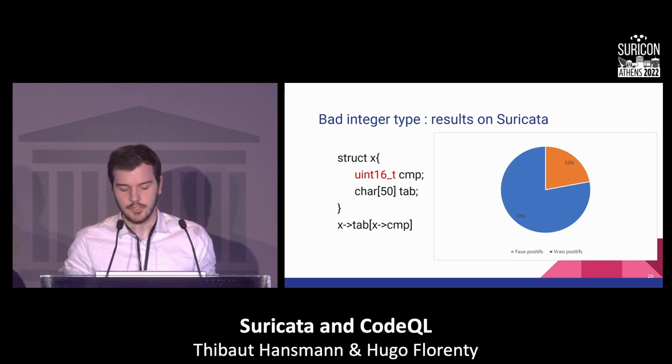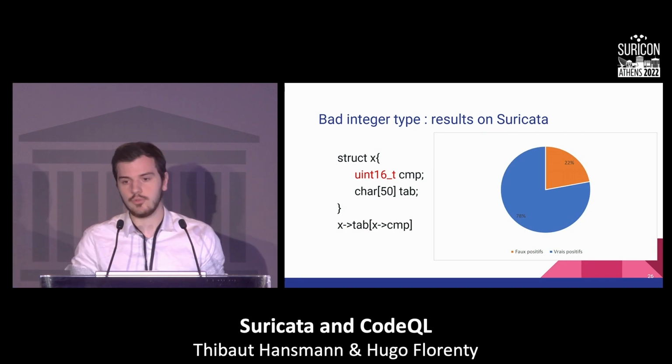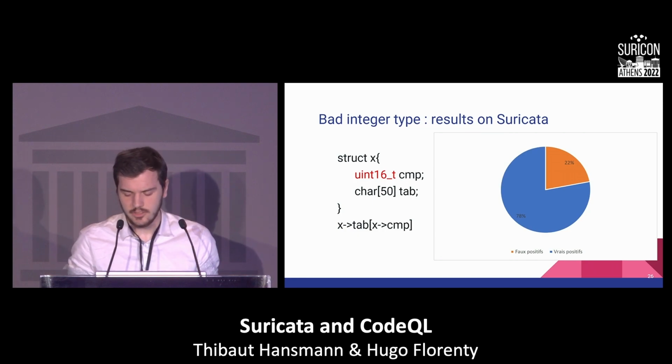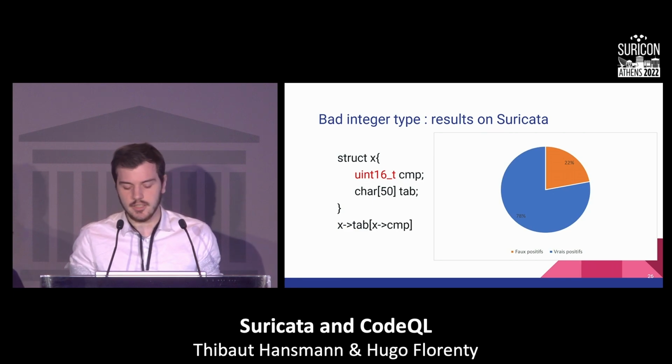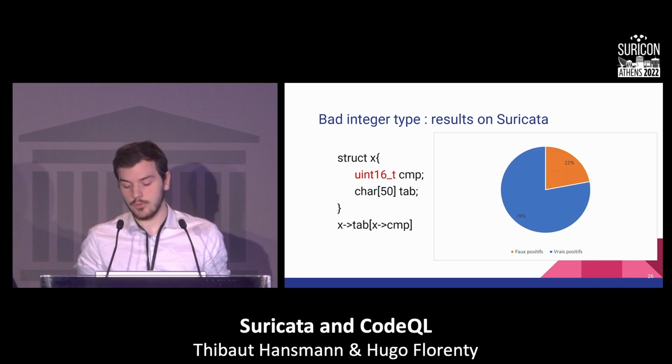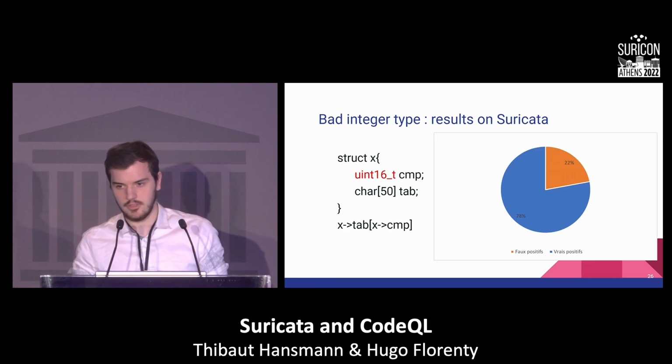It shows a lot of issues, obviously, on Suricata. If I remember well, it was 56 issues on Suricata, and on other projects we had 22% false positives and 78% true positives. Sorry, the inverse.